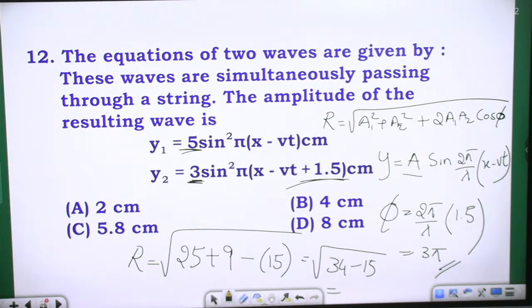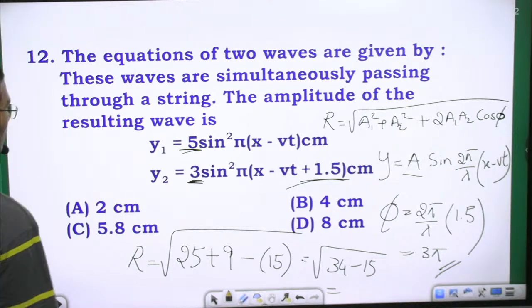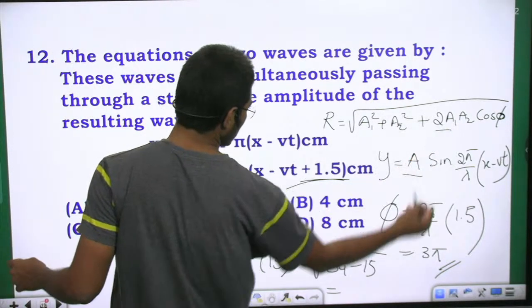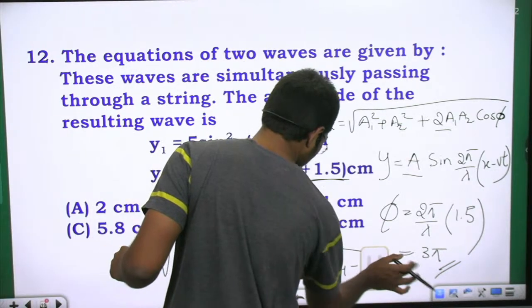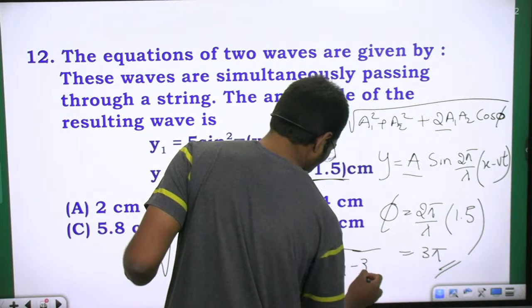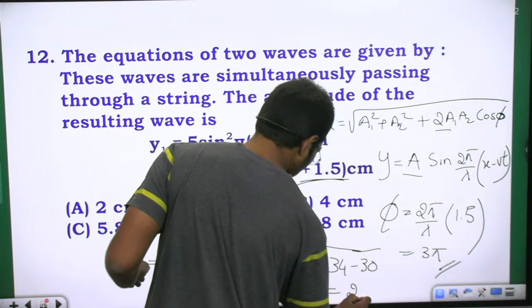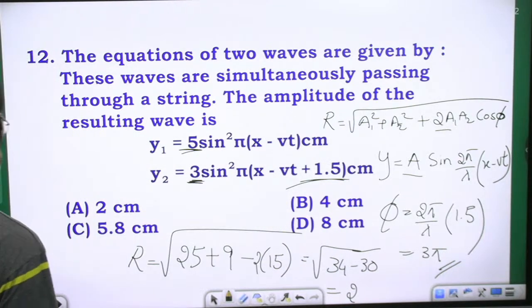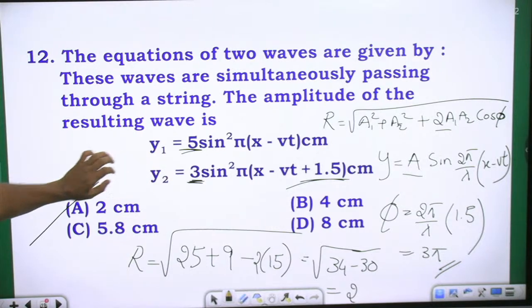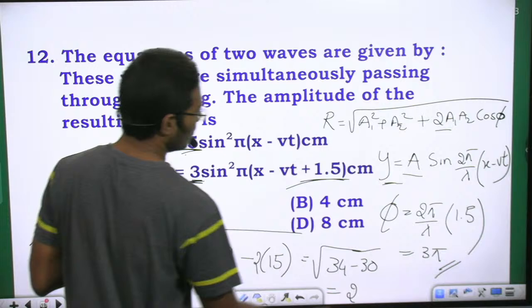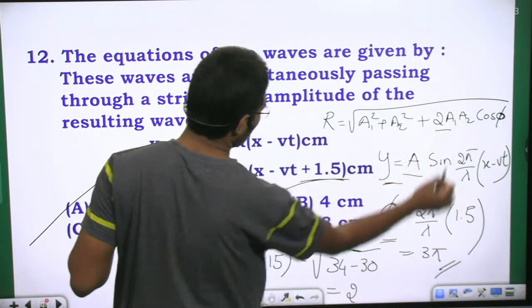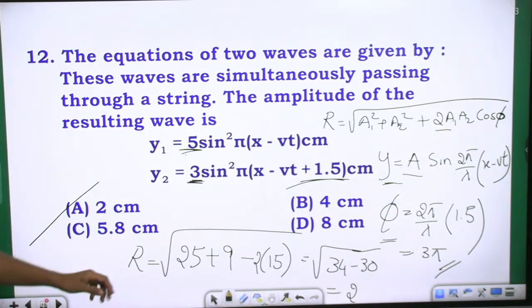Okay, let me check. Sorry, we have a 2 as well. We missed this 2, so 34 minus 30. So the resultant amplitude is 2 centimeters. From the standard wave equation, we got to know the amplitude, and we found the phi, and we substituted back in this resultant equation, and we got it as 2, right?